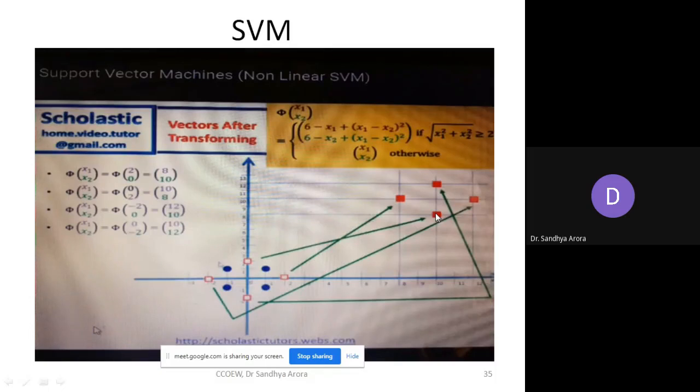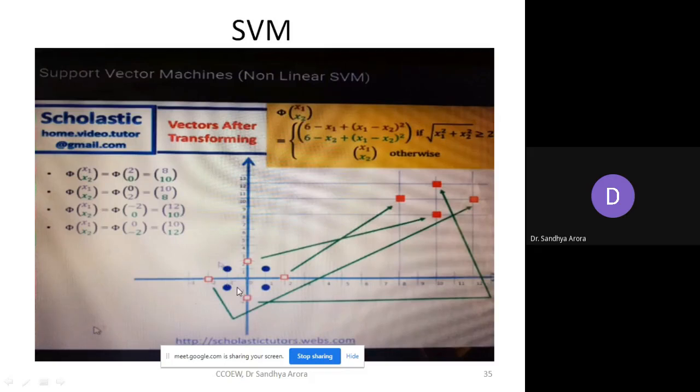This point is mapped here, coordinate value 12 and 10. This point is mapped here, that is 10 and 12. The 0 and -2 point is mapped to this. Okay, now can you see, you have changed these points to this.